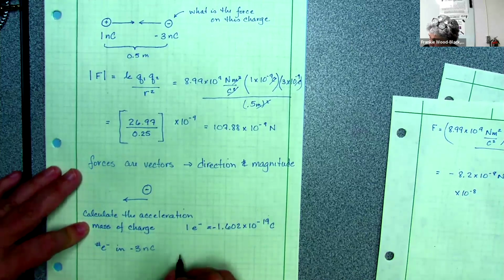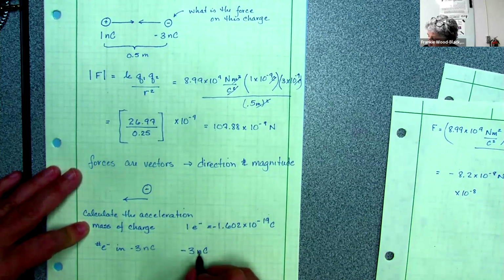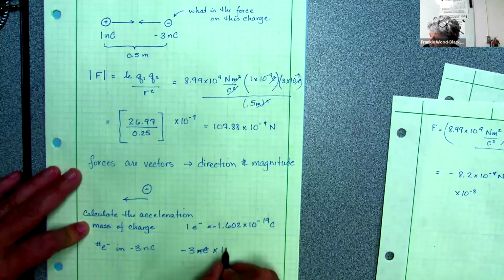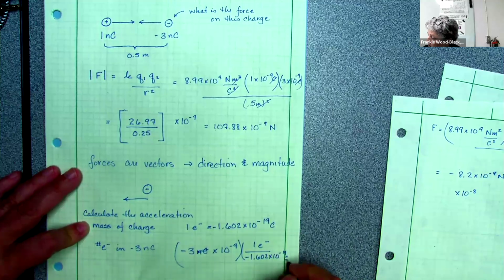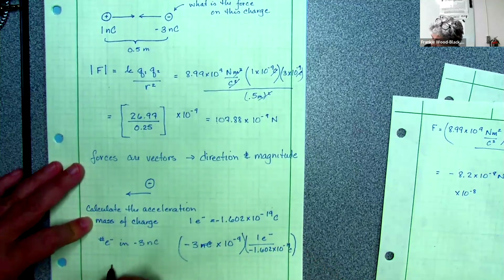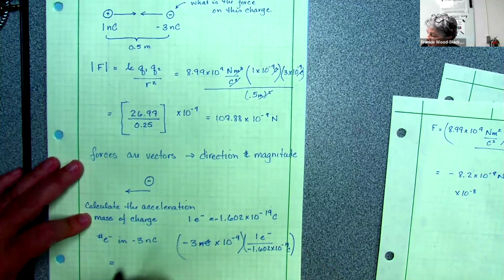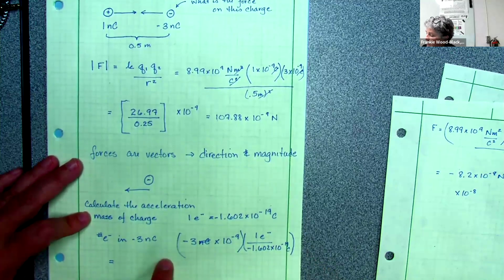So I've got a negative 3 nanocoulomb charge. And we're going to go ahead and multiply 10 to the minus 9. And I'm going to take 1 electron is equal to a negative 1.602 times 10 to the minus 19 coulombs. So I'm going to end up with a positive value.